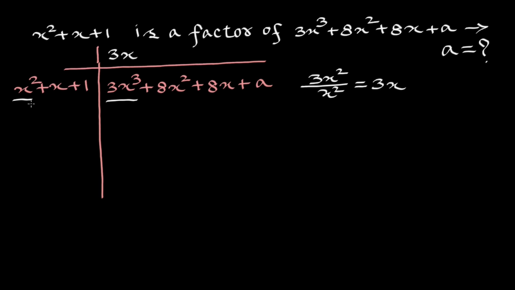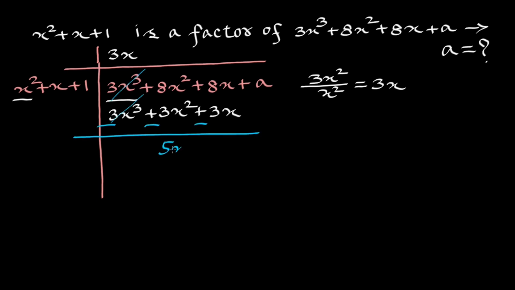Now 3x multiplied by x square plus x plus 1 gives 3x cube plus 3x square plus 3x, subtracting, 5x square plus 5x plus this a.